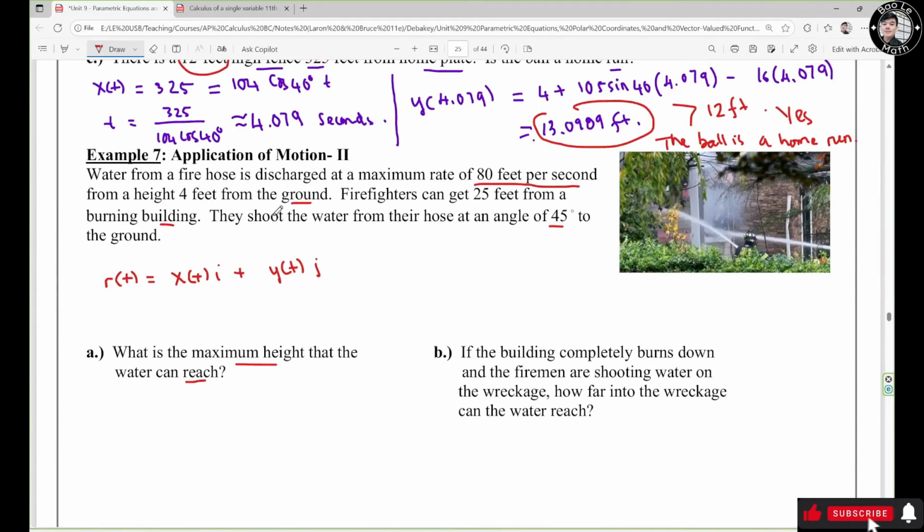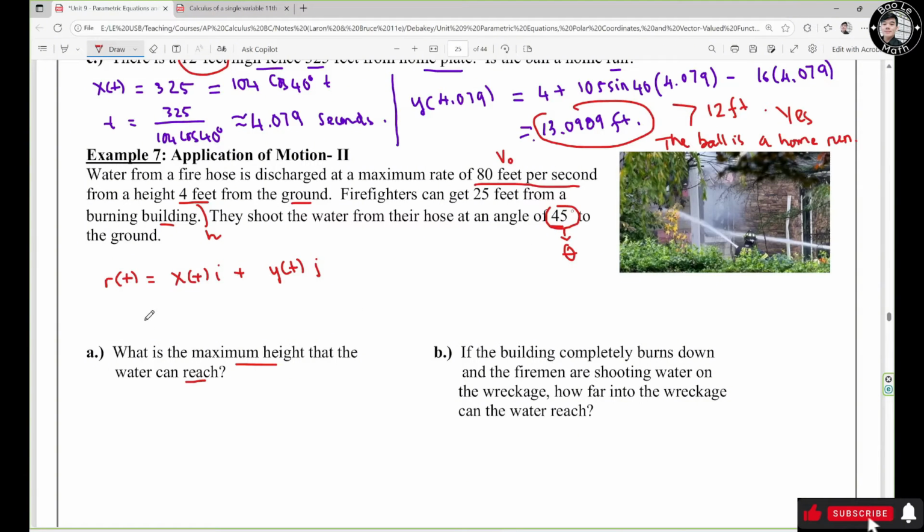So we're going to summarize this one. 80 feet per second, this one is the rate, so it's going to be the initial velocity. And the height right here, this one is the initial height. And 45 degrees right here, this one is the angle theta.